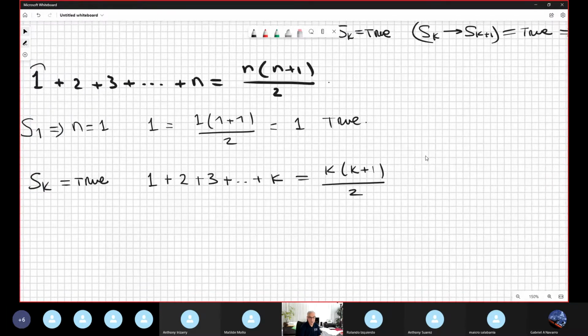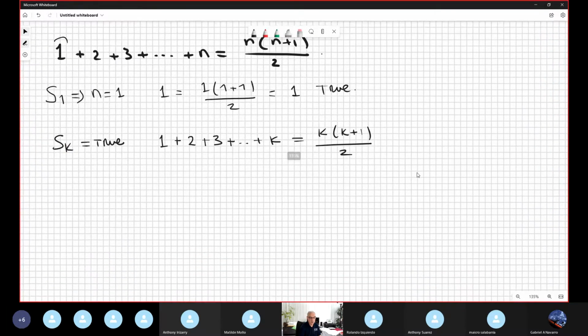Okay, now I take A sub k plus 1. I have no idea if it's true or not. I copy 1 plus 2 plus 3 plus up to k. I copy exactly the same, but I include the extra term, which is k plus 1, because you suppose one more.